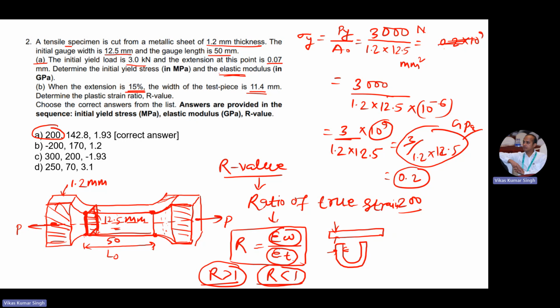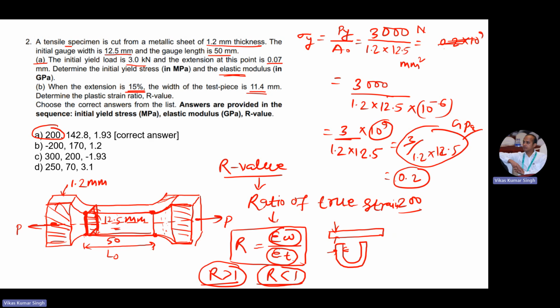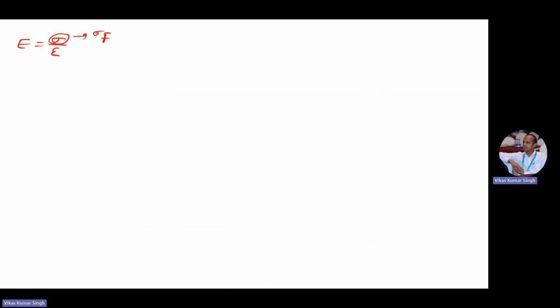Easily we can find it: E equal to sigma by epsilon, stress by strain. We have found the yield stress in the previous question, 200 MPa, and we have to find the strain. How to find the strain?